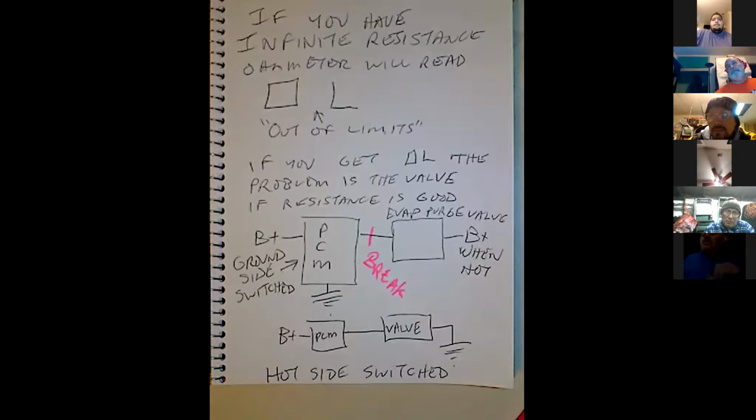The schematic's going to show you where all the grounds are located. I don't believe, at least on GMs, it doesn't show you where they're located. It shows you what they are, but it doesn't show you where they're located. That's a different page. But it gives you where the units are located, and then you just go to that section and start looking.